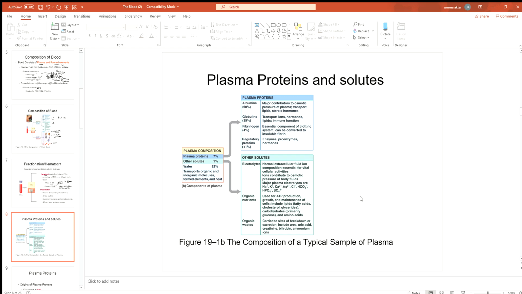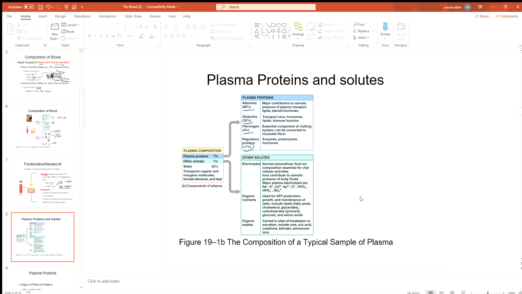So we now know that the three main plasma proteins are albumins, globulins, and fibrinogens. There are other regulatory proteins in a very small amount. So I'll just mention one or two important functions of the albumins.